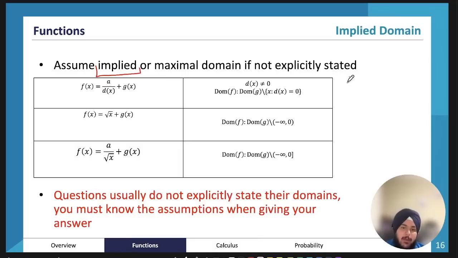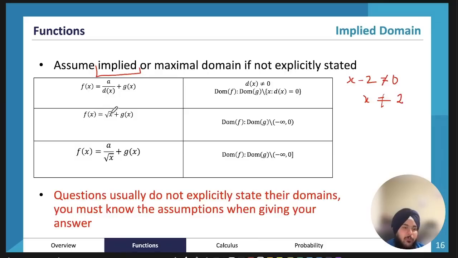Let's say we had x minus 2 in the denominator. We know that can't equal 0, and if we rearrange this, we'll soon realize that x can't be equal to 2. So that is our domain.